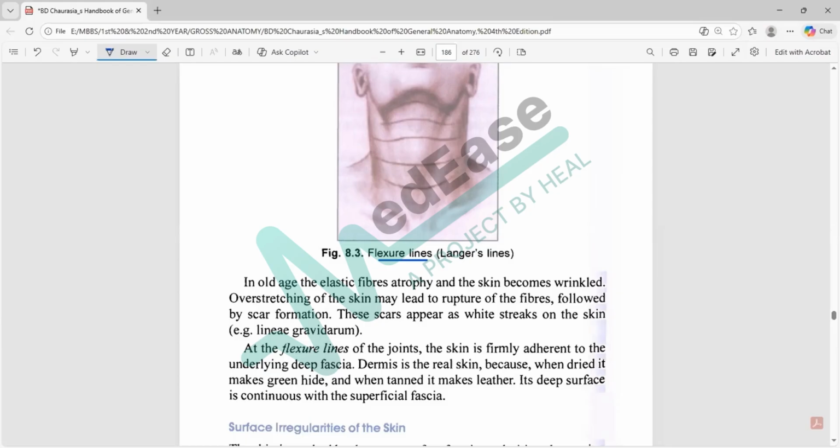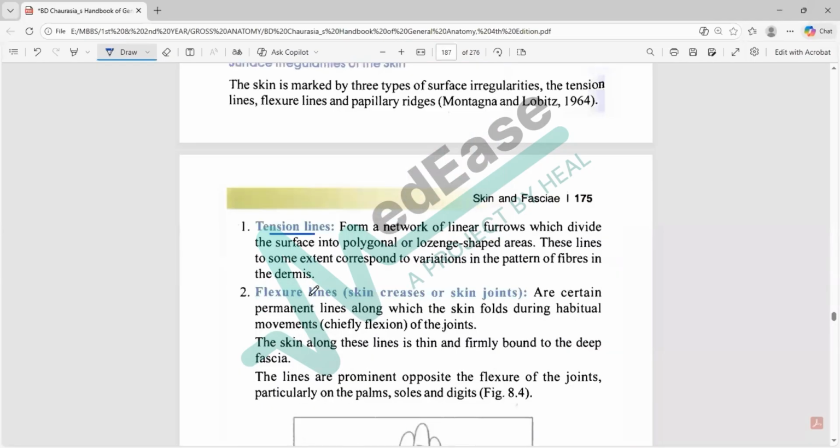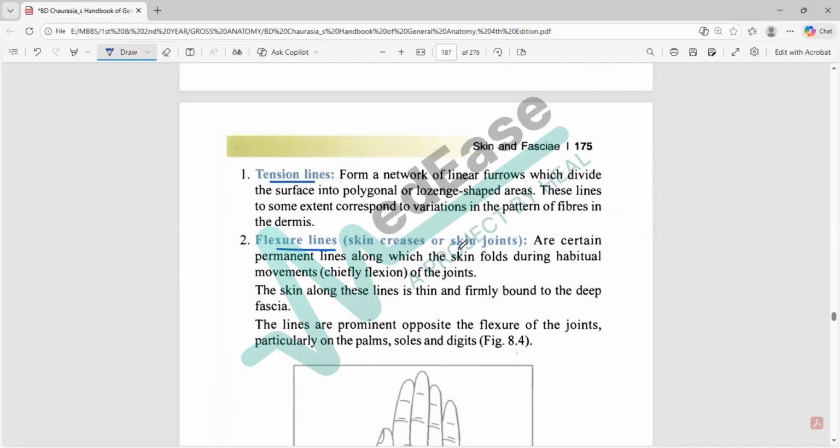One thing we need to remember: these flexural lines are produced where the epidermis is tightly applied to the dermis. Now, when we talk about the surface irregularities of the skin, we have the tension lines and the flexural lines. The flexural lines are commonly seen on the joint regions, whereas the tension lines are usually polygonal or lozenge-shaped lines present on different parts of our body.